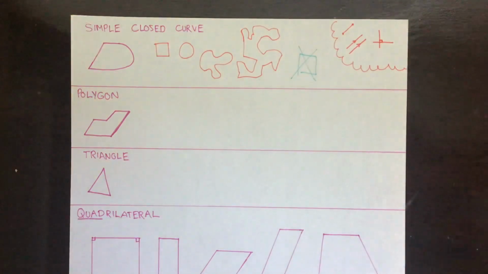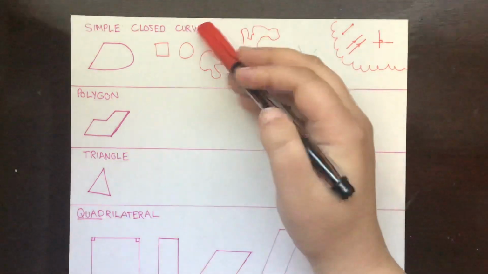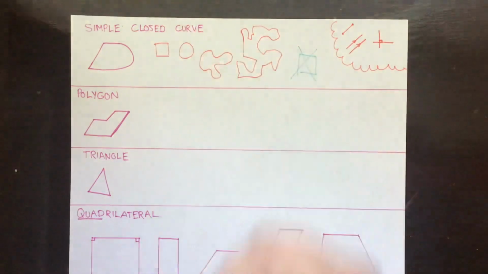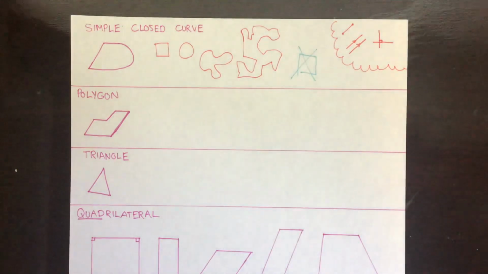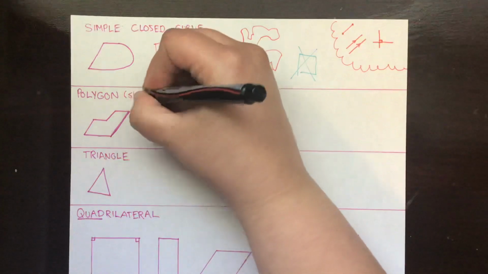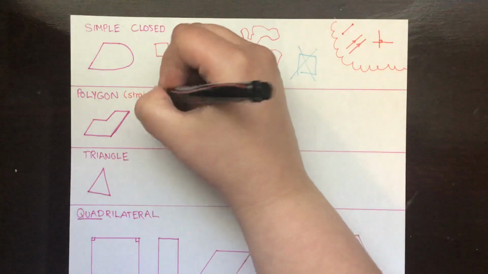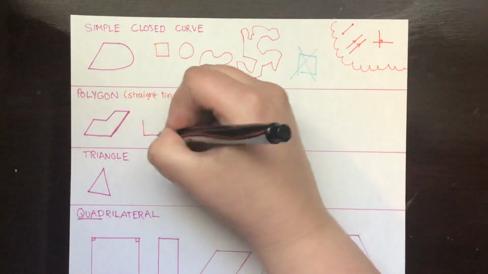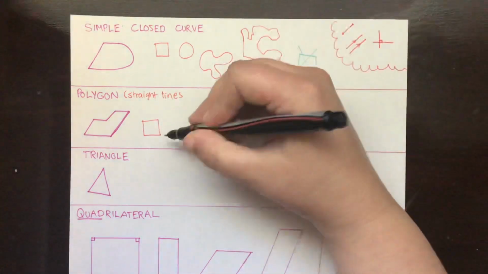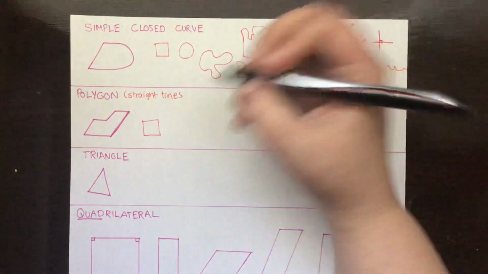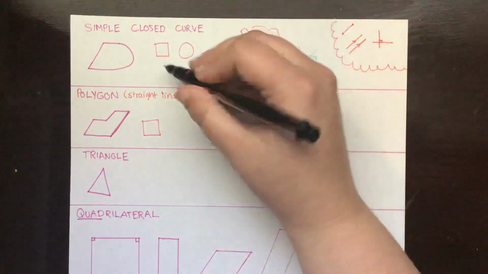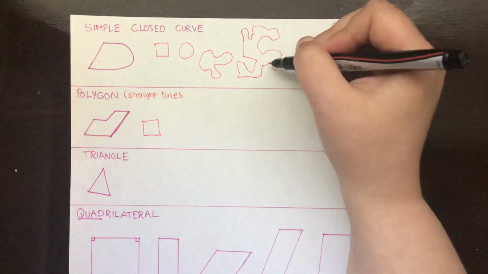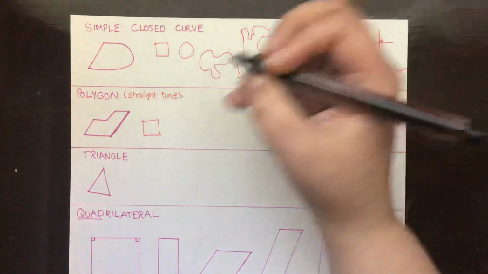Now we're going to get a little bit more specific. A polygon is a type of closed curve that only uses line segments, in other words, straight lines. So for example, a square would still be considered a polygon because it's made out of straight lines. This shape here couldn't be a polygon because it's not made out of straight lines.